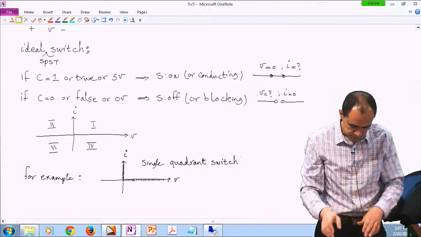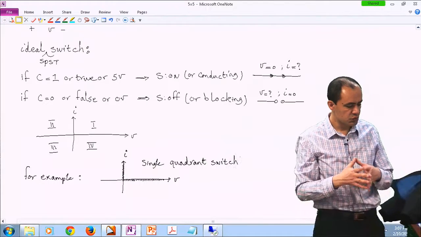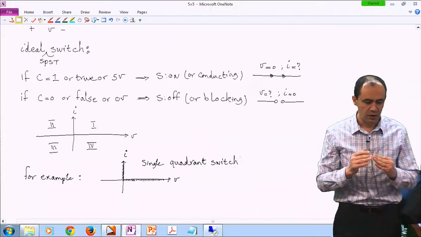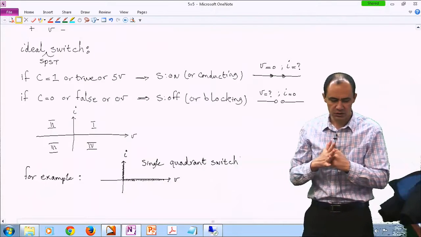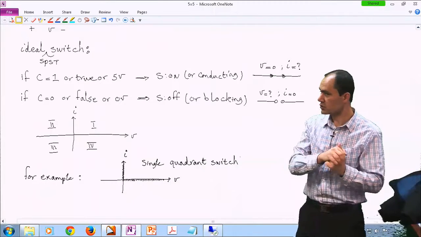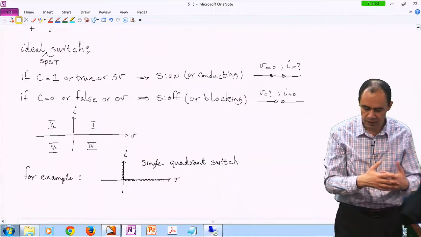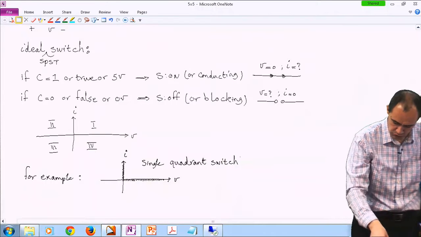Now remember that if our switch is an ideal switch, the multiplication of voltage and current is always 0. Either the voltage is 0 or the current is 0. So there is no power loss in our switch.